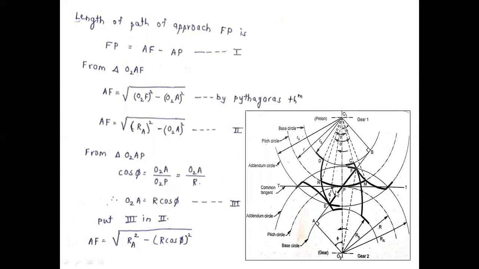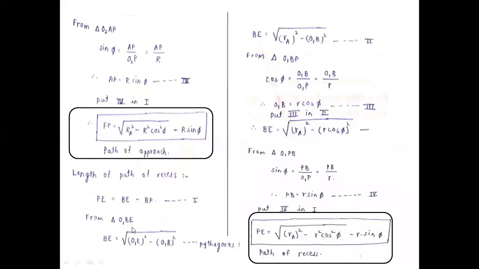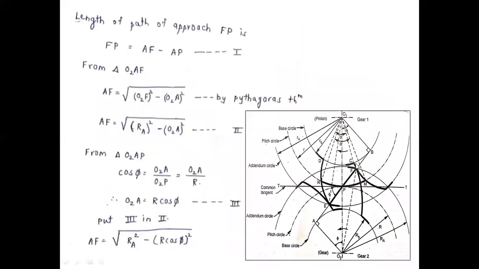So EP is equal to under square root of hypotenuse square minus O1P, so according to Pythagoras, O1E square minus O1B square.